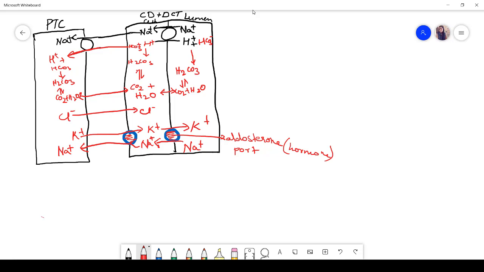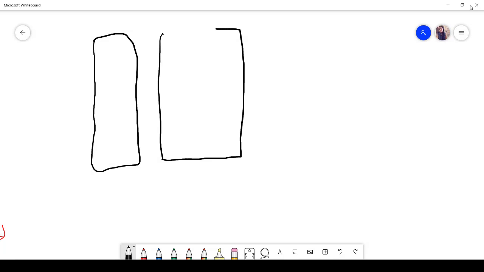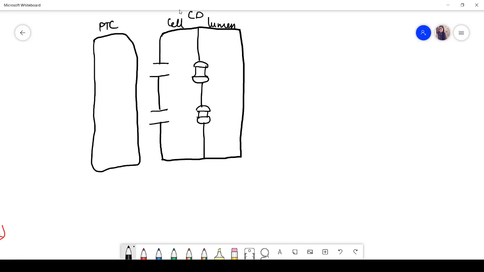So last and final, the collecting duct. Here also you will have the peritubular capillaries on this side, and the collecting duct here. In this collecting duct, only water is reabsorbed from the tubule. So how?